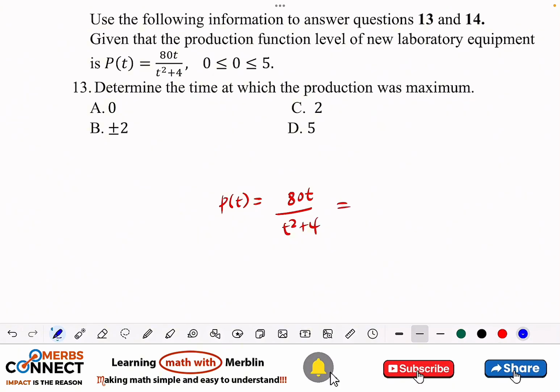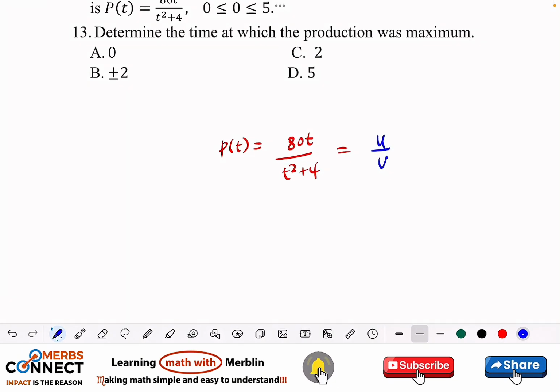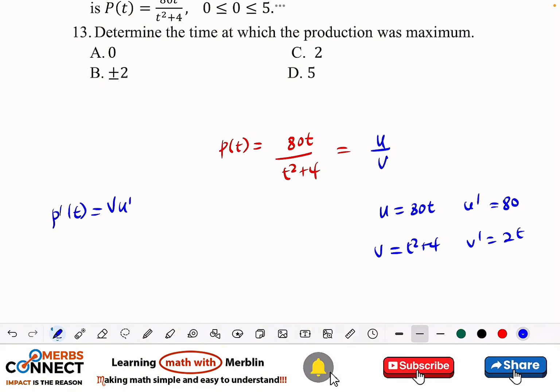So I'm going to use the quotient rule, right? So u is equal to 80t, u prime will be equal to 80. Then v is equal to t squared plus 4, and v prime will be 2t. So don't forget the quotient rule. So p prime of t is going to give us v times u prime minus v prime times u, divided by v squared.